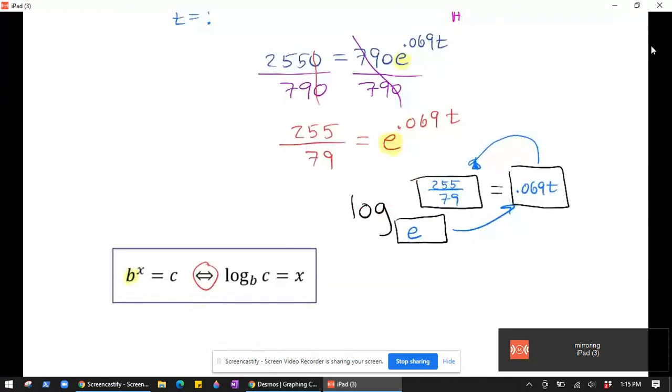Okay, so one thing to point out is log base e is actually something you can put into a calculator, at least the ones we use, and it'll be fine. I should remind you though that log base e is also known as ln. So I'm actually just going to rewrite this as ln of 255 over 79. Okay, it's the same thing.